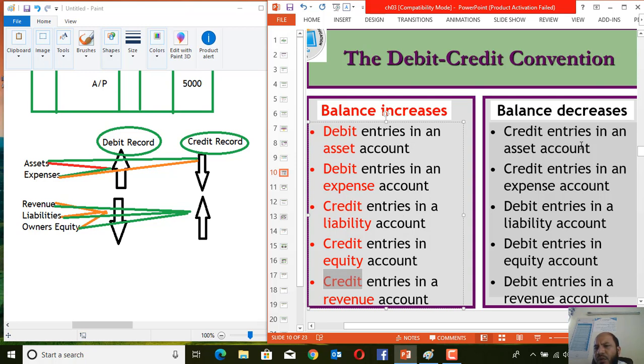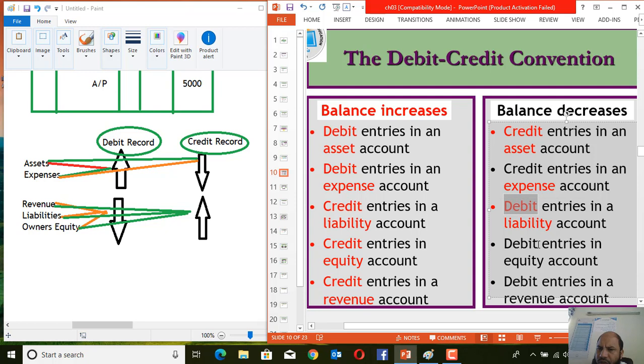Now, what are the rules for credit and debit when the account is decreasing? For example, when the expenses account decreases, we will record it on the credit side. When the asset account decreases, we will record it on the credit side. When the liabilities account decreases, we will record it on the debit side.